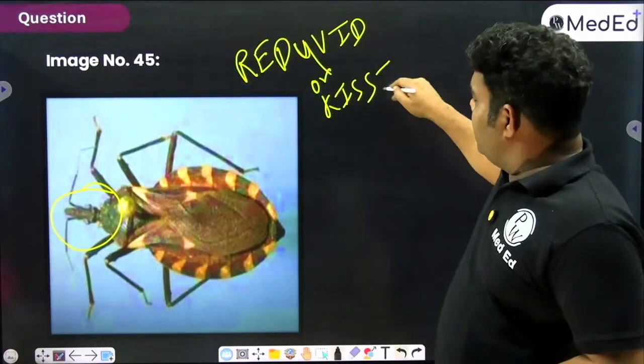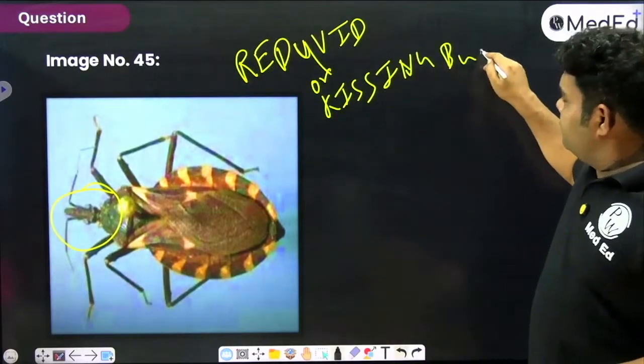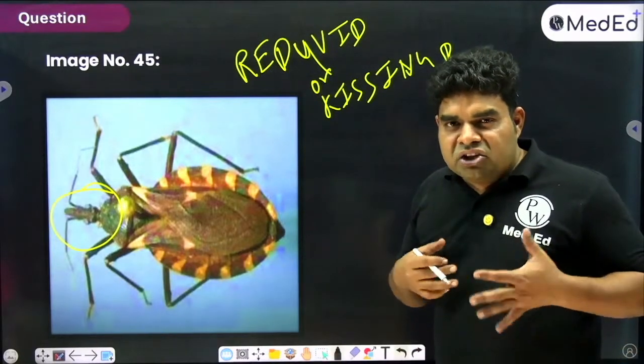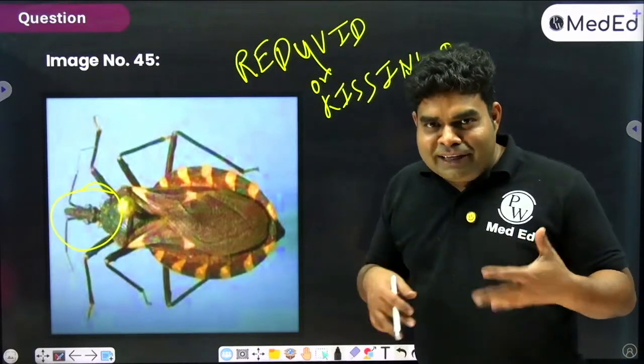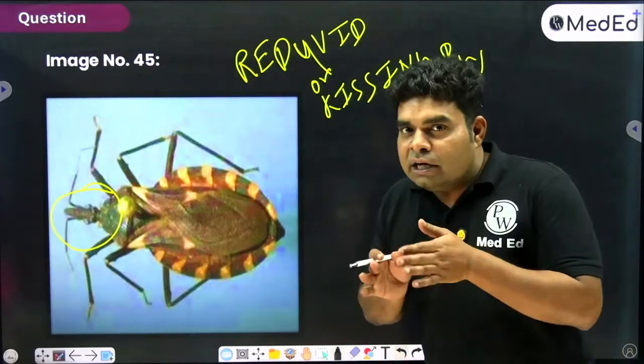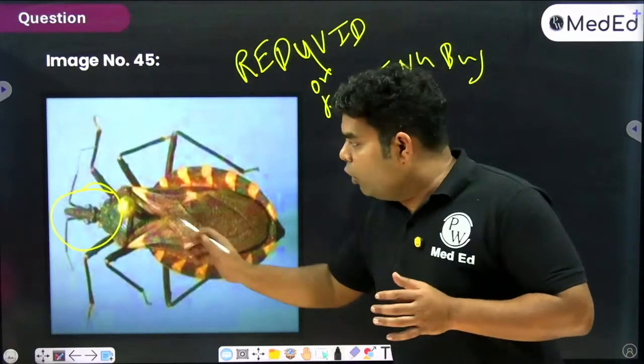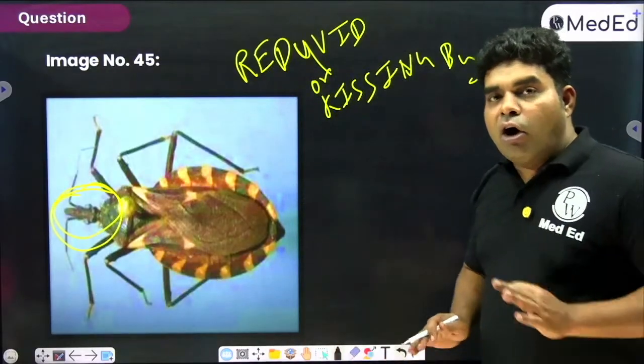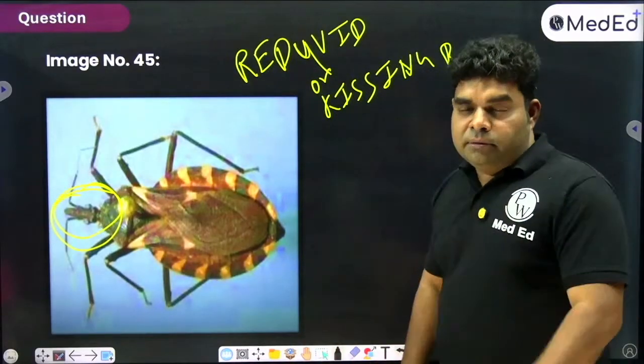If they give it in an exam, it's very easy to identify. Because to take a kiss it is so anxious, so lusty, that it is pouting all the time. You can see a head type of thing coming out. That is typical of the redwood bug, kissing bug.